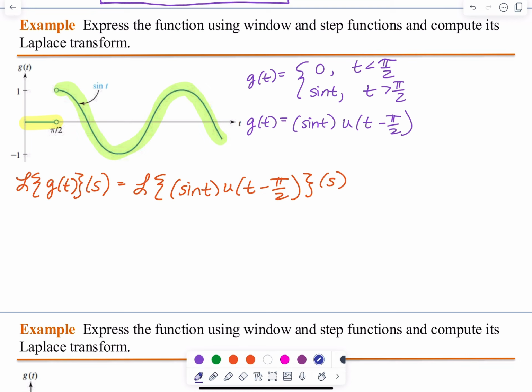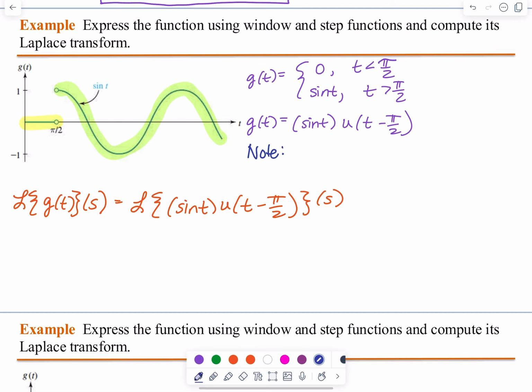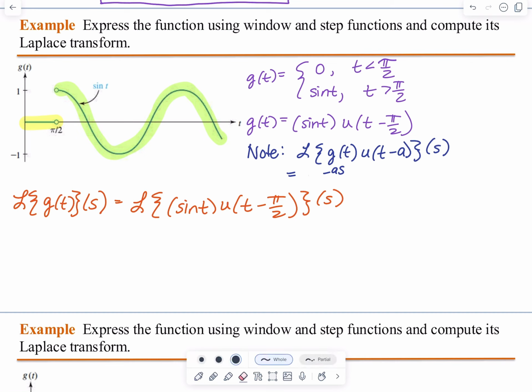So we note that the Laplace transform of g of t, which is sine of t for us, multiplied by u of t minus a, of s, is equal to e to the negative as multiplied by the Laplace transform of g of t plus a, of s. So we will use that.